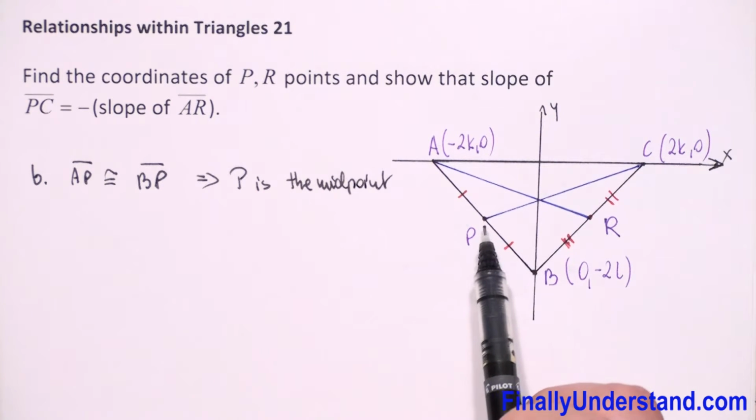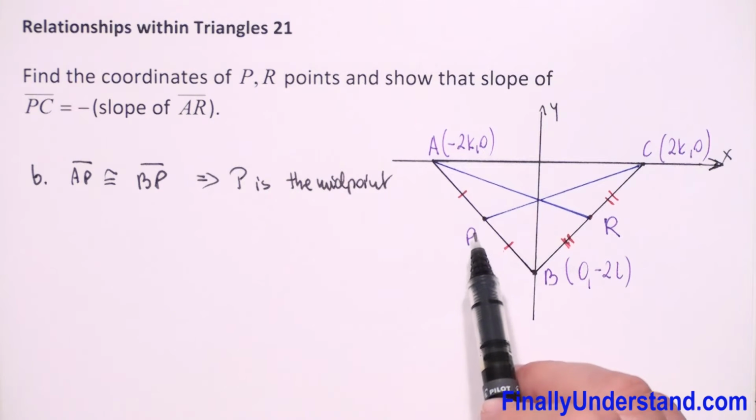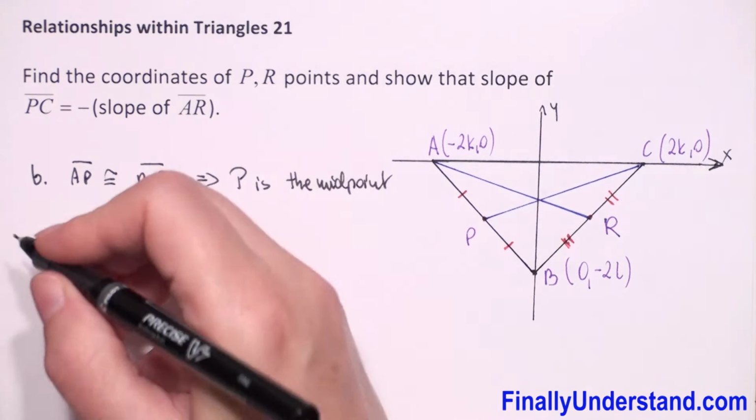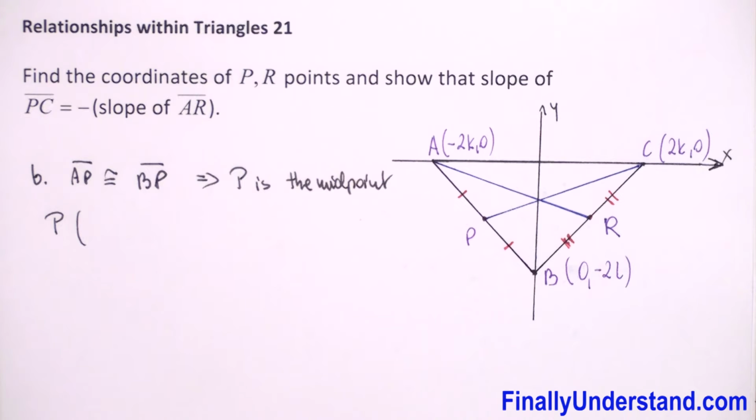So if P is the midpoint, we can use the formula to find the coordinates of P point. We know that the coordinates of the midpoint of a segment are the average of the x coordinates and of the y coordinates of the endpoints.